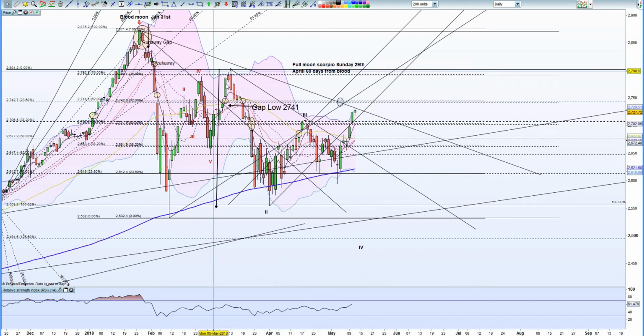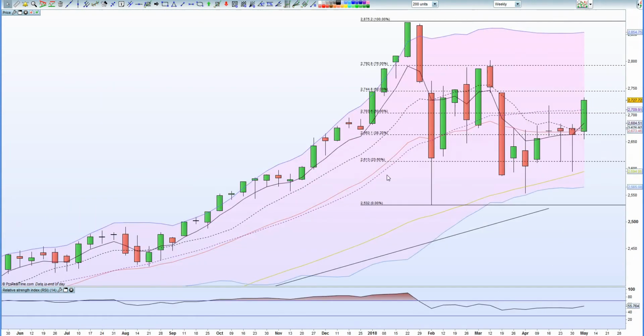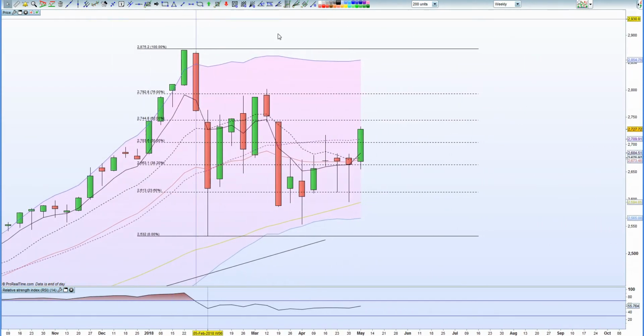Also, there's a lot of market participants, technical analysis, saying it's broken the descending triangle. We maybe move to the weekly, which gives us a better picture of things. Some are saying it's a descending triangle or a wedge, whichever way you tend to measure these things.